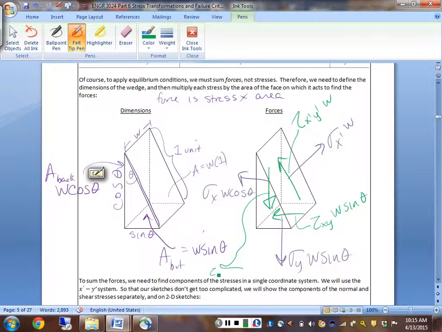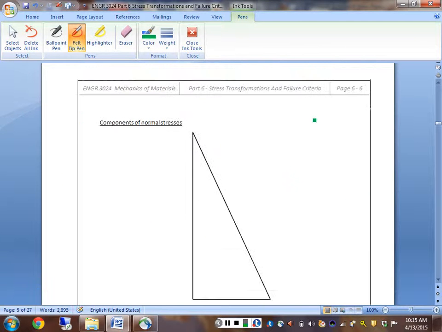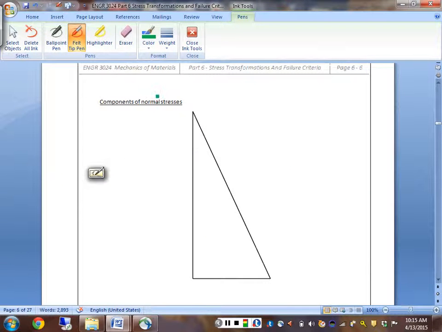Down here is tau xy W cos theta. All right? Those are my forces. Now, I need to sum them in my new coordinate system. So I'm going to need components of these that are in the old orthogonal xy. All right, this gets a little bit messy, so we're going to do our normal ones first.